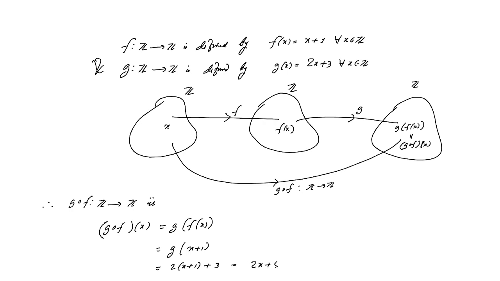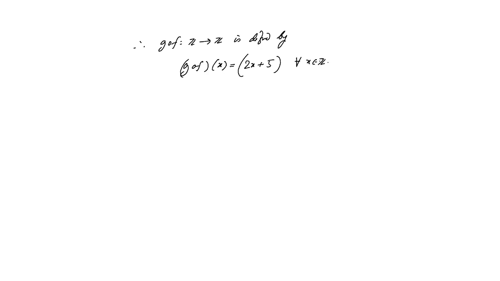It will be 2x plus 5. So therefore G composed F from Z to Z is defined by G composed F of x equals 2x plus 5 for all x belongs to Z. And you will see this number is always an odd number. Okay.